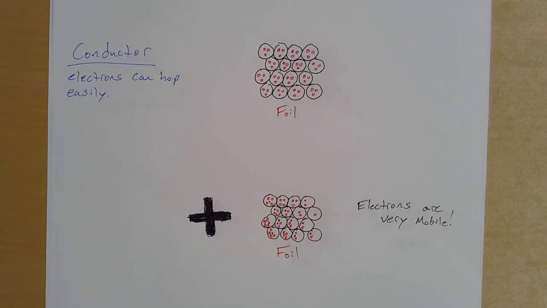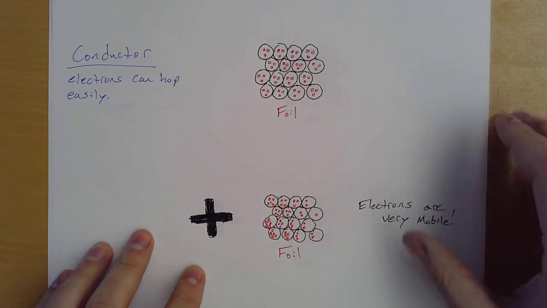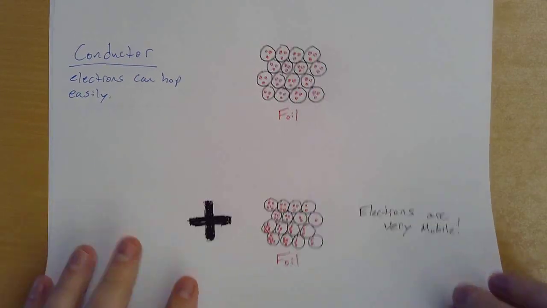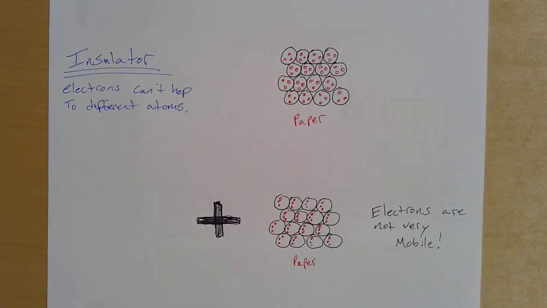They're very mobile. But the paper acted differently. That's what we call an insulator. That's where the electrons cannot hop between those different atoms very easily. They do move to the front of those atoms, but they don't leave that atom. So they're not very mobile.